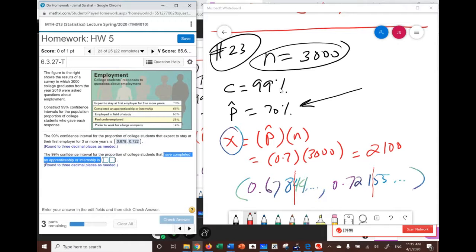So we just do the same problem here, but when it comes to the P hat, for part B, we don't use 70%. We're going to use the 66%, and nothing else will change. Just X will change because you're going to multiply 66% times 3,000. So the X will change, nothing else will change, and you work the problem.